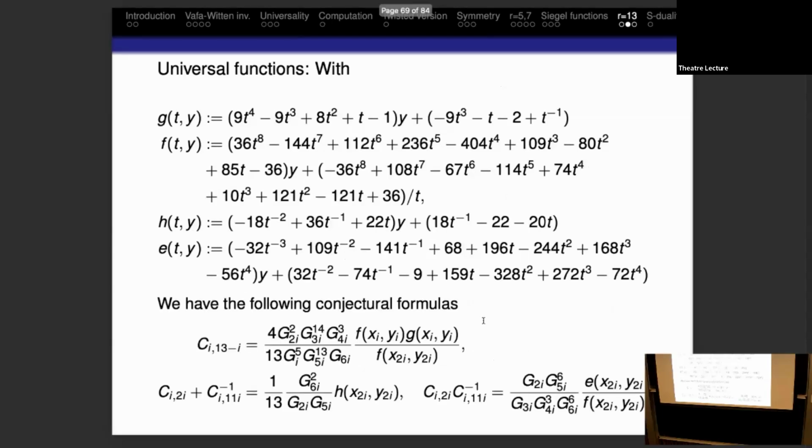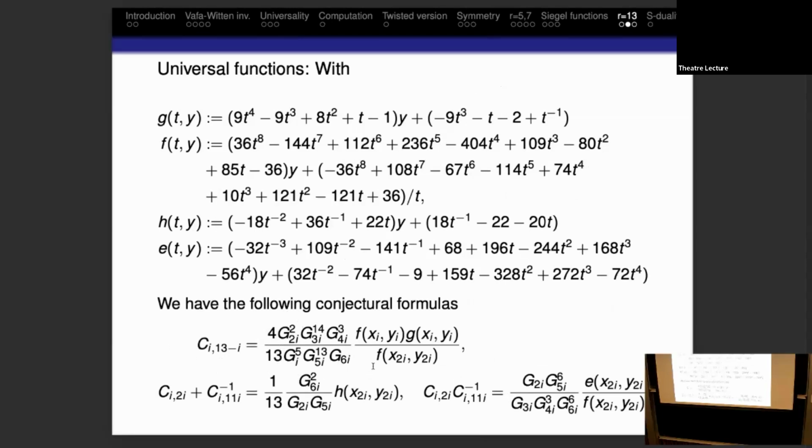So let me write this down. For instance, I've thrown at you these big power series polynomials, which you cannot really see, but let's just look here. So we have some monomial in the Siegel function. So this is again Ci, so the sum of them is 13. The simpler ones.